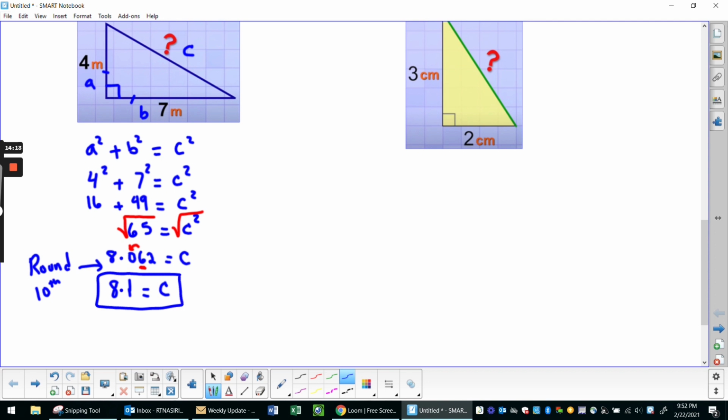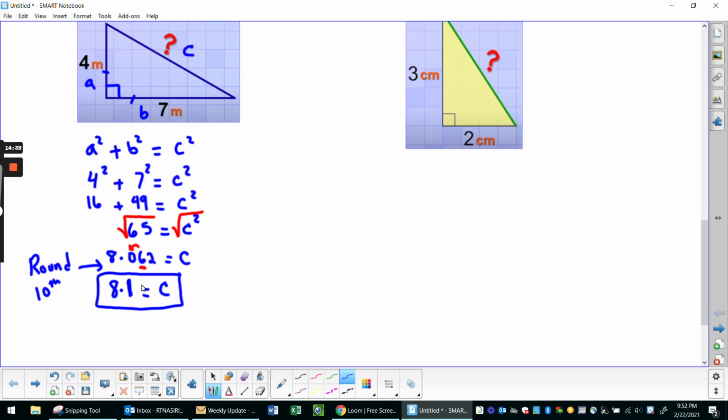Now I know that some people even write square root of 65 as the answer because it's more precise, but we can just round our answers to the nearest tenth. And if you ever have to round to the nearest hundredths, then you would look at the thousandths spot and round that. So the nearest hundredths would be 8.06, but the nearest tenths is 8.1.